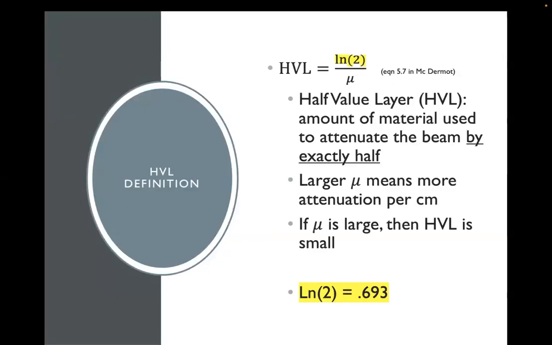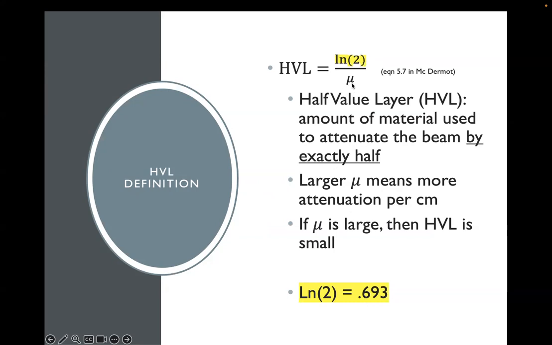So to figure out the half value layer, if you were given, let's say, the linear attenuation coefficient, then the formula is half value layer is 0.693 divided by mu. We can just take this natural log of 2 and put in 0.693.